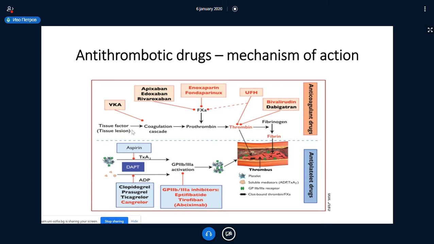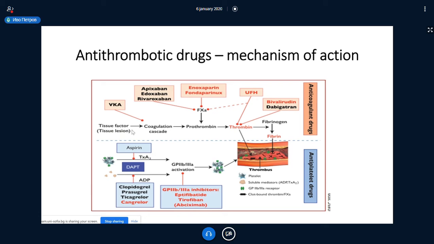Antiplatelet drugs, like the name is clear, are decreasing the aggregation capacity of the platelets, and the anticoagulant drugs are decreasing the probability of thrombin formation.